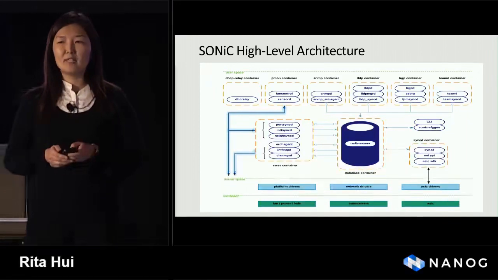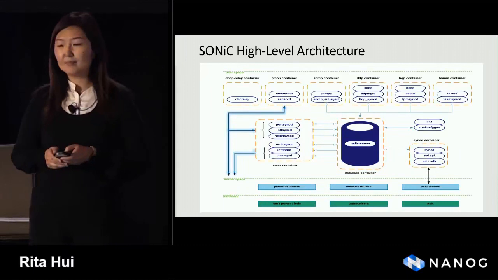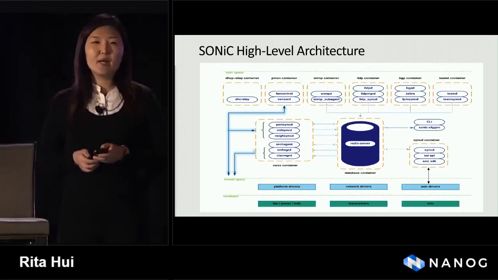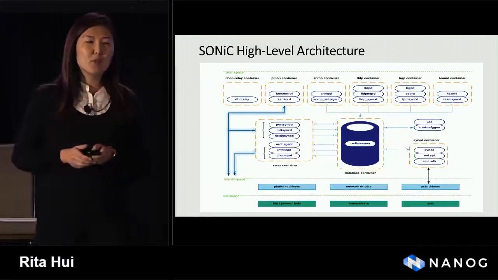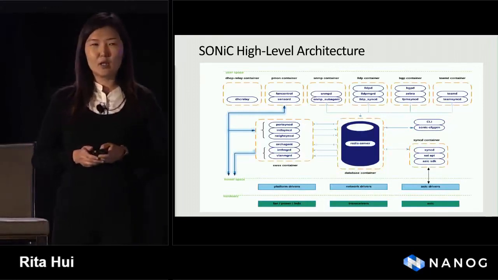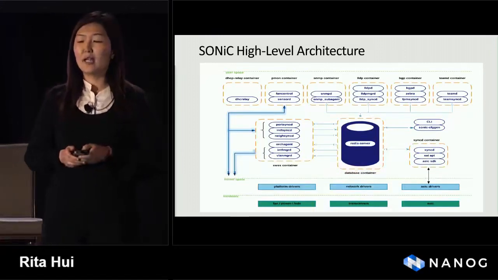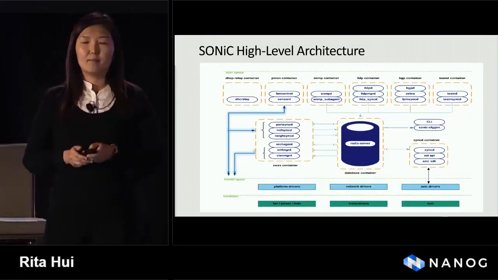SONiC runs on top of Linux, a lot of it in the Linux user space. Here in the middle layer are the key infrastructure components for SONiC. There's a switch state service subsystem. Within it, there's an orchestration agent, the orch agent.